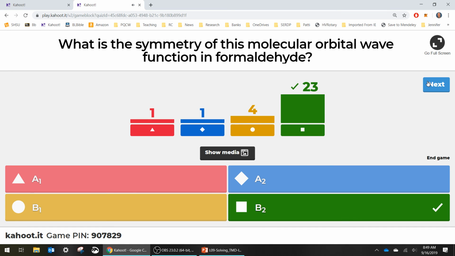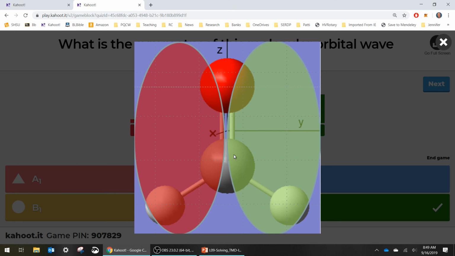Yay! Oscillating in the Y direction, left and right. So here's the picture again. If the red is shrinking and the green is expanding, and sometime later the green will shrink and the red will expand, it's doing this, and that's left and right. So that's the Y direction.